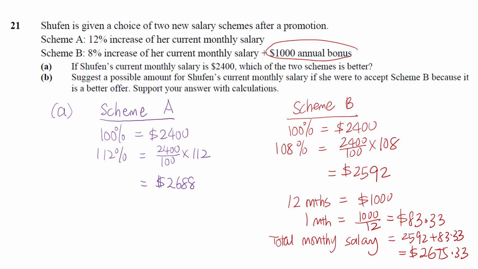So if I were Su Fen, I would accept Scheme A because it gives me slightly higher pay. Based on the above calculation, Scheme A is better.